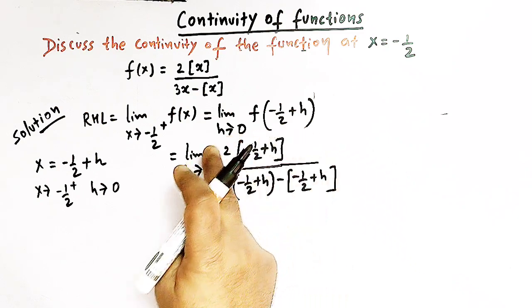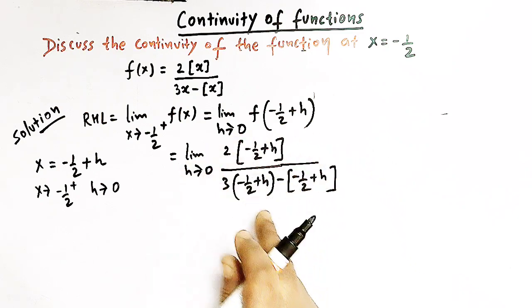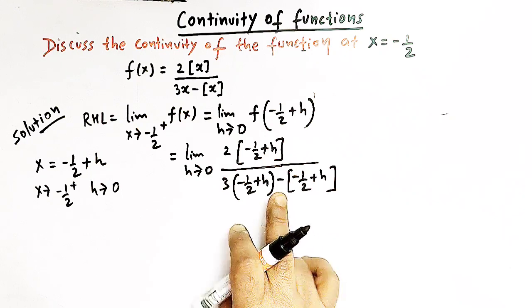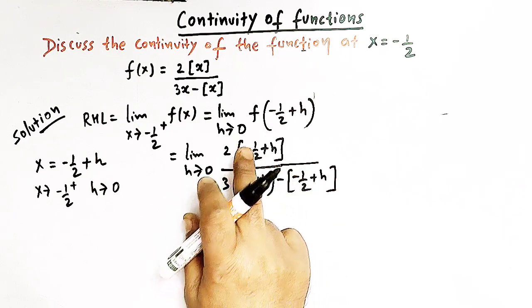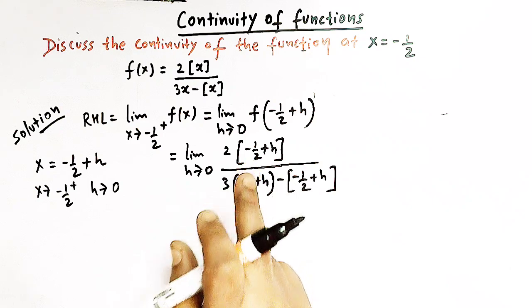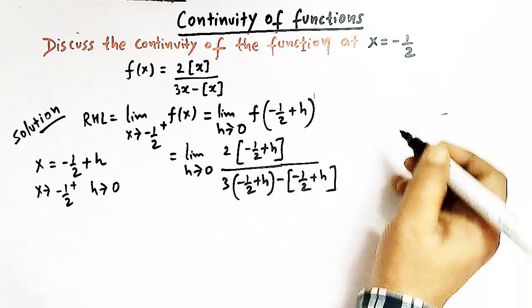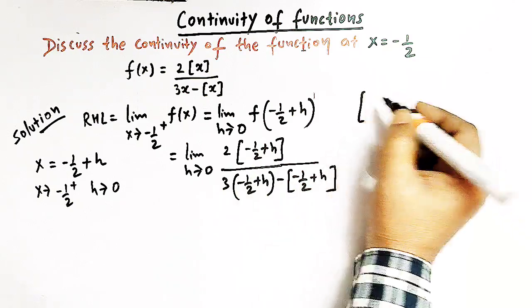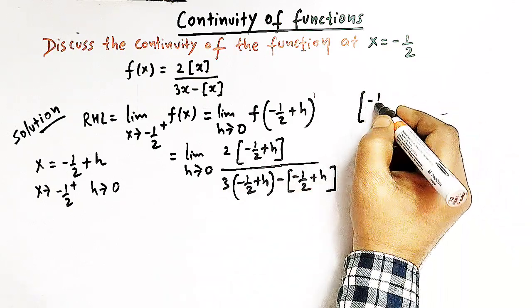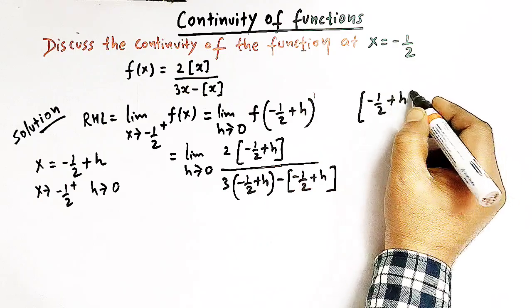So now we have to compute this limit, and here we have the greatest integer of minus half plus h. Let us find the value of this expression.